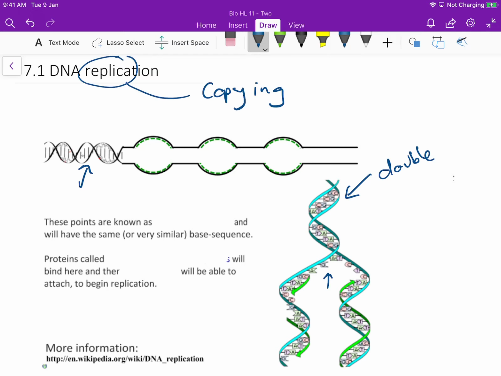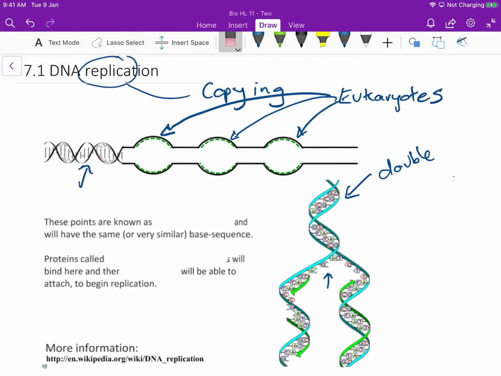And what happens with DNA replication in eukaryotes is we start this copying at multiple points. It doesn't just start at one point and go all the way along. It starts at multiple points of replication. These points are known as origins of initiation.